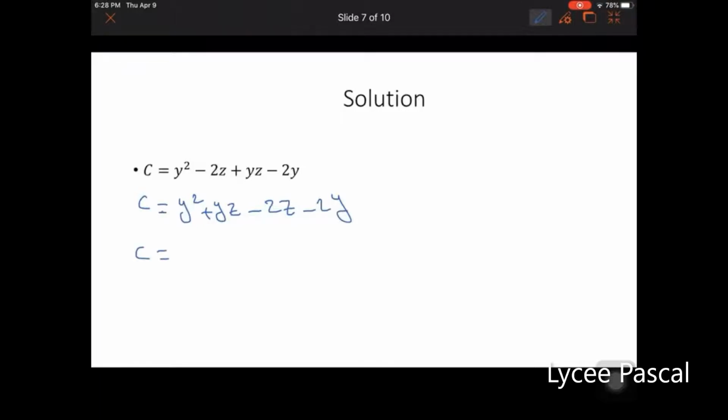Now, from the two other elements, minus 2z and minus 2y, we can take minus 2 as a common. So minus 2, from minus 2z, the remainder is z.